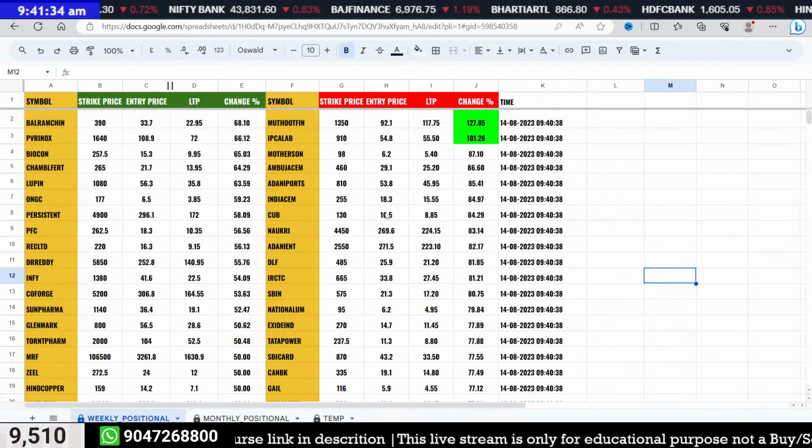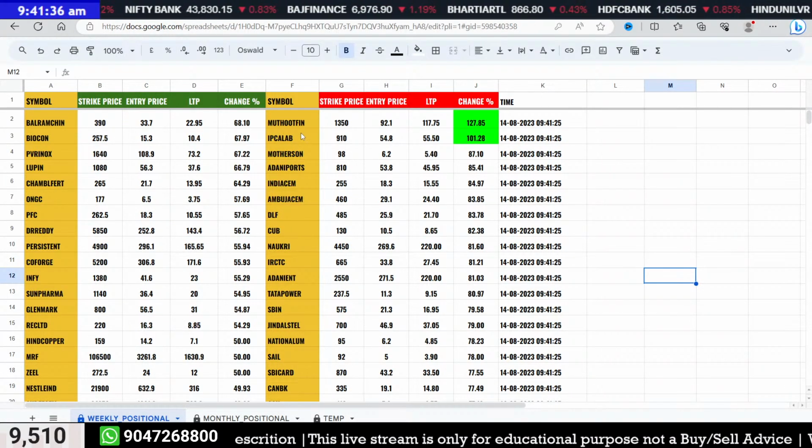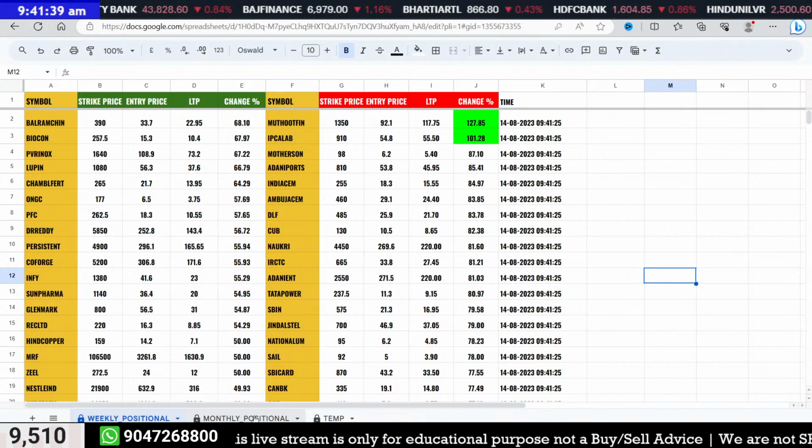173 is our breakout on weekly positional. Sorry, resistance.